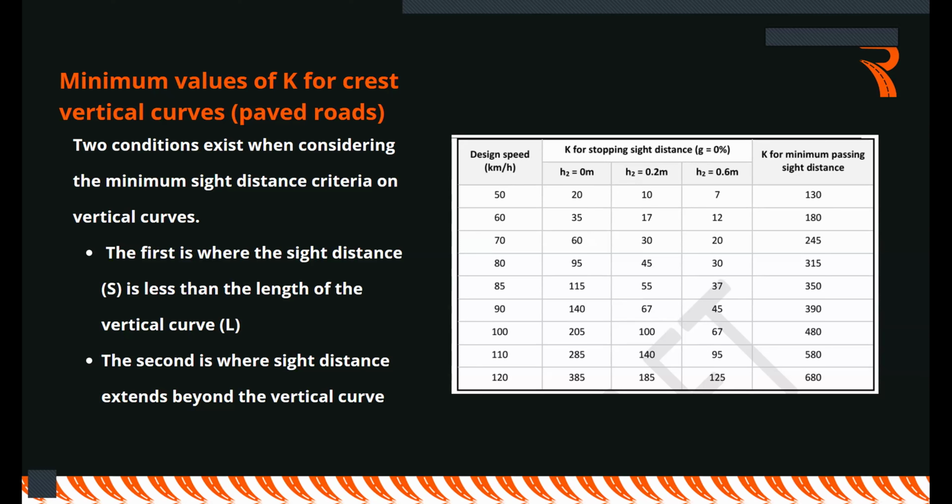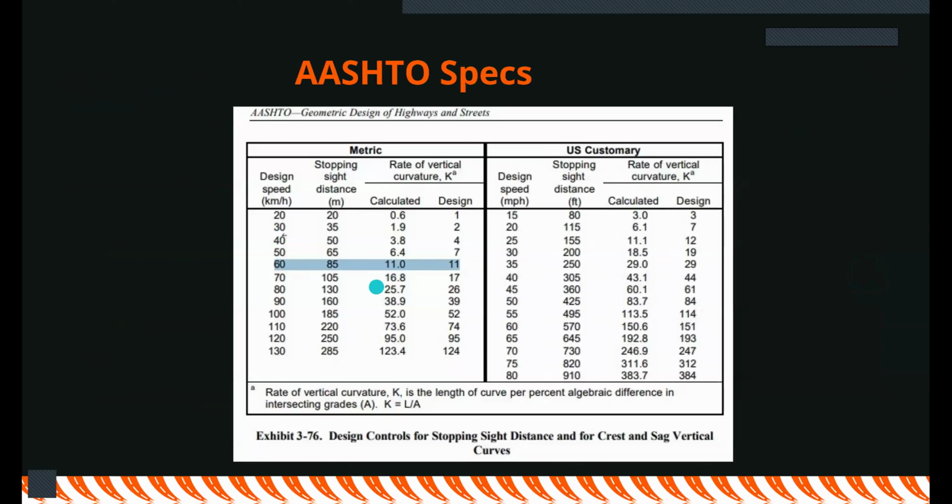So this is the minimum K for stopping sight distance, and then this is the K for passing sight distance for you to be able to overtake. And you note this parameter down. For 80 kilometers per hour, we're going to be needing 30 for that case. So this is the AASHTO specs.